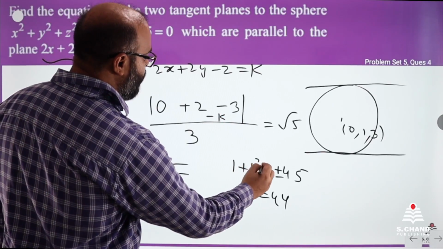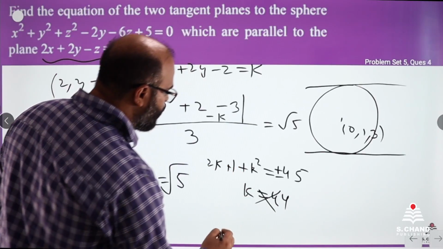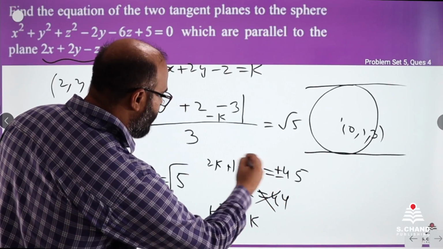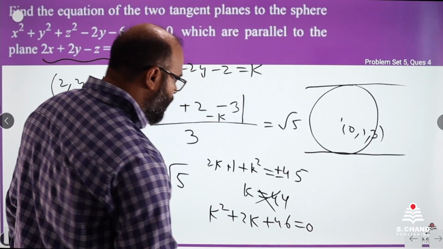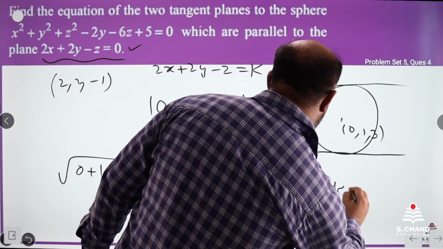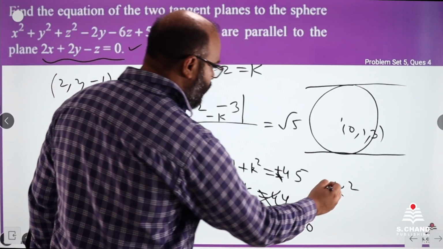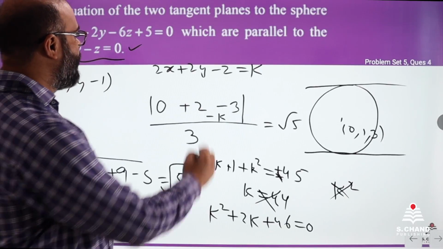After taking square, 1 plus k square plus 2k. That's what will happen. It will become k square plus 2k plus 1 minus 45 is equal to 0, and we can solve this. So from here you can find the two values of k and you can find the equation of the planes.